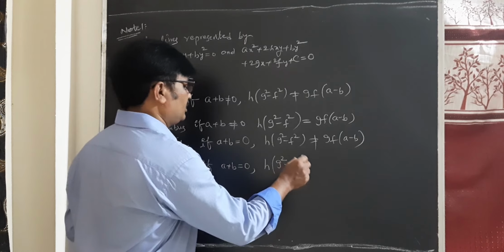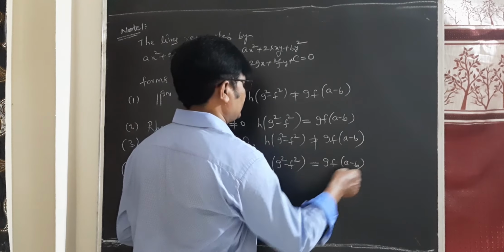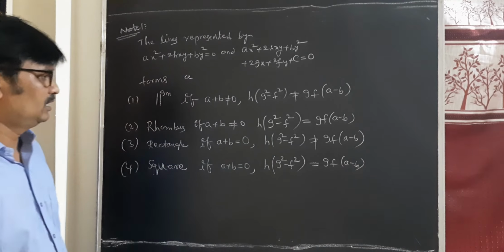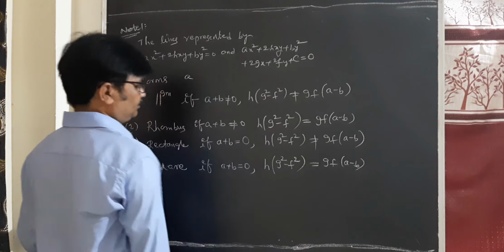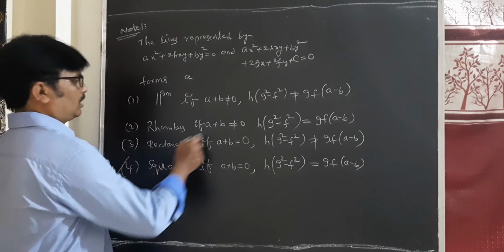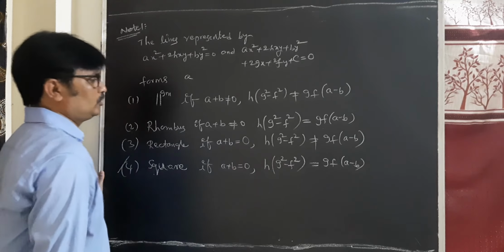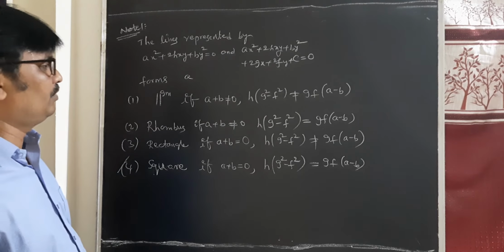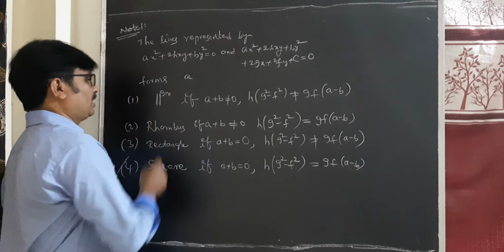G square minus F square equal to GF into A minus B. Dear students, for the square we take both conditions as equal, for the rectangle we take only A plus B equal to 0, and for the rhombus we take only the diagonals being perpendicular, H into G square minus F square equal to GF into A minus B. If both are not equal, then it forms a parallelogram.